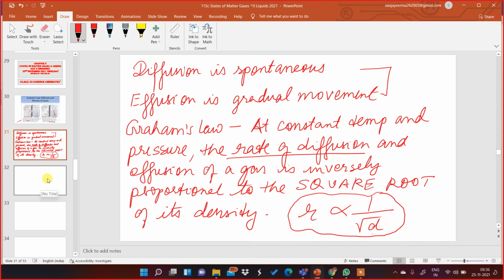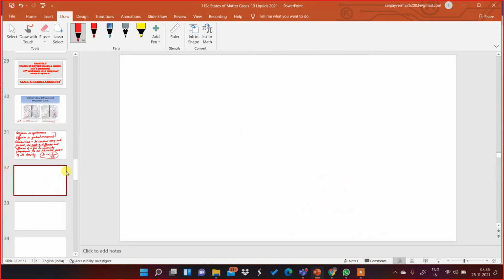Now, if we move ahead and work with this relationship, we can take two different gases, say gas 1 and gas 2.